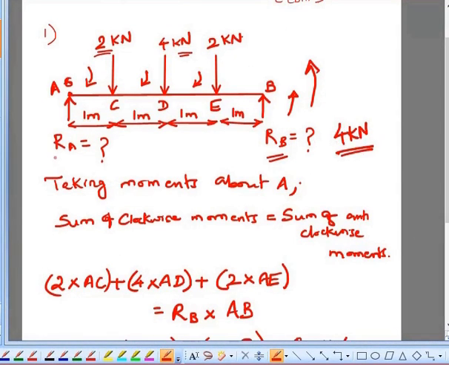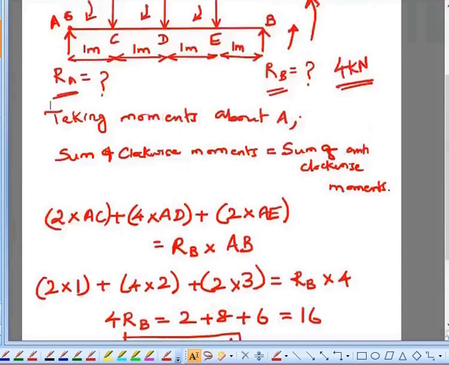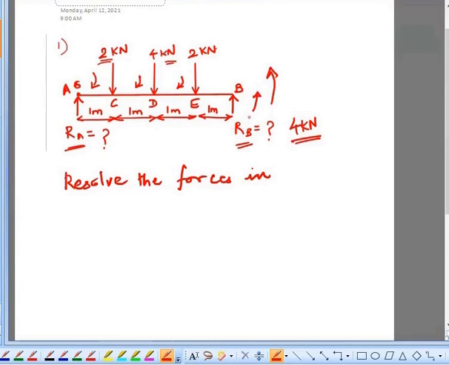Now I shall calculate what is the value of the reaction at point A. So now we resolve the forces in the vertical direction, that is in the y direction. The forces acting in the downward direction will be equal to the forces acting in the upward direction.